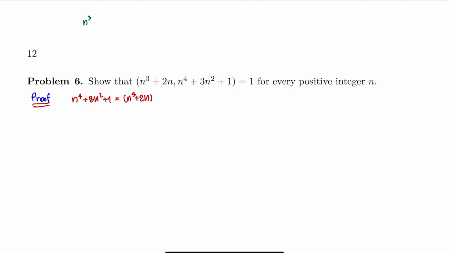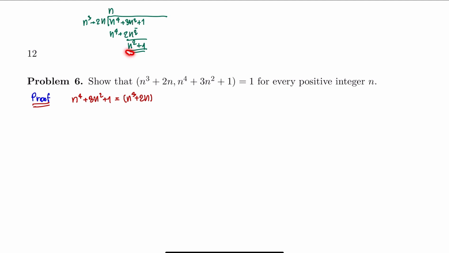We have n cubed plus 2n dividing n to the 4th plus 3n squared plus 1. We start with n right here, and n times n cubed plus 2n becomes n to the 4th plus 2n squared. Subtract them, then we have n squared, just n squared, and plus 1 here.